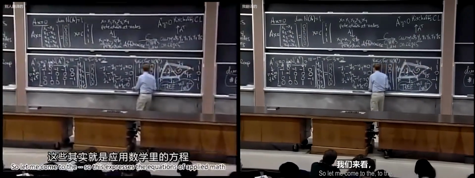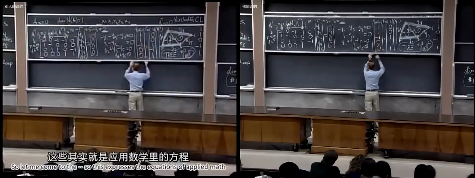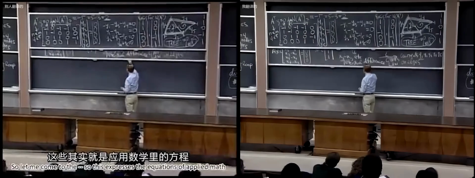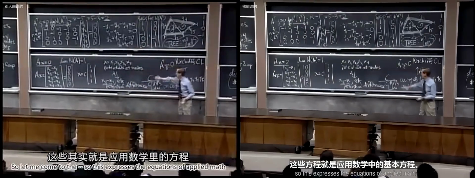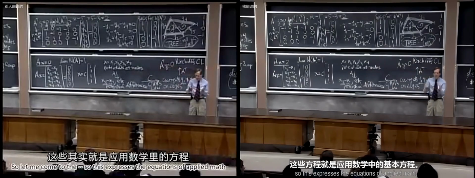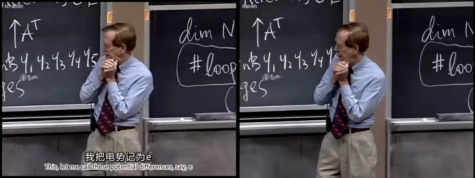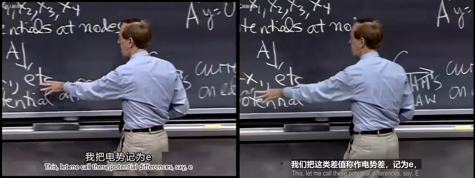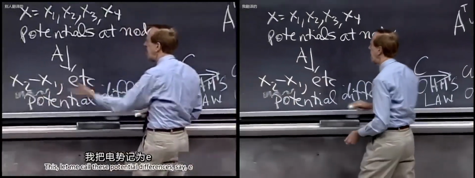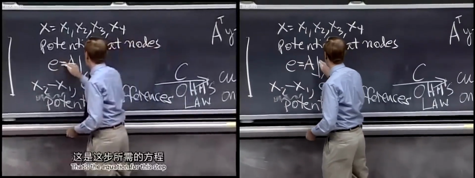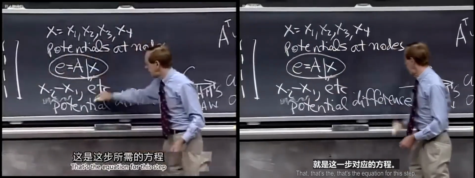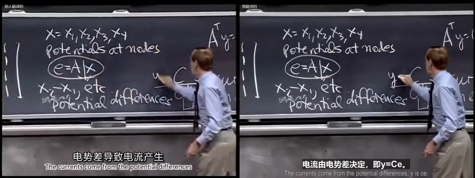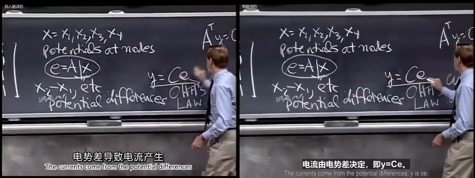So this expresses the equations of applied math. Let me call these potential differences, say, E. So E is AX. That's the equation for this step. The currents come from the potential differences.